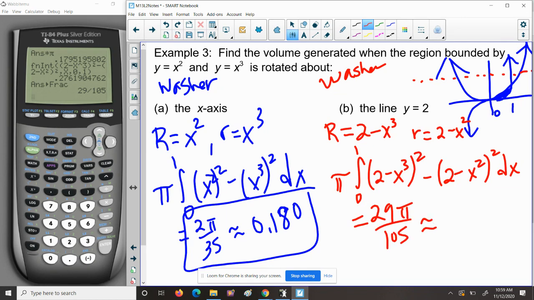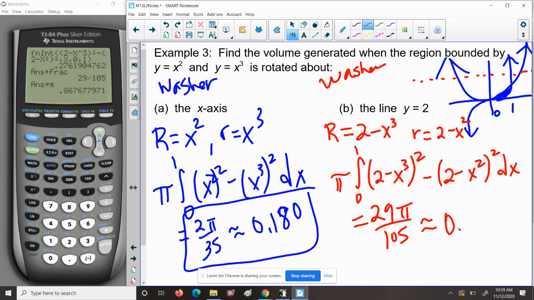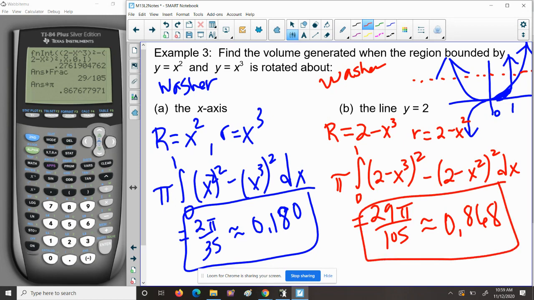As a decimal, let's find what that is. 0.868. Okay, so again, depending on what type of problem it is, you may have a fraction form or you may have a decimal form. Guys, we're going to do a lot of practice with this.